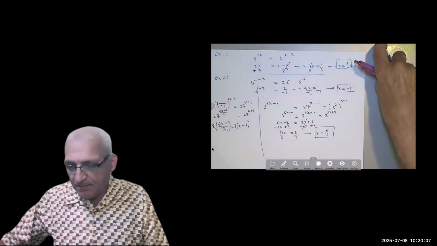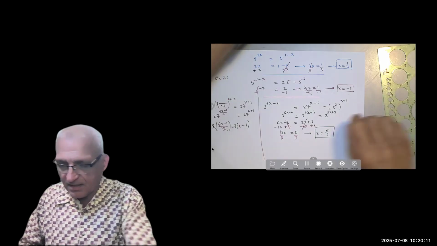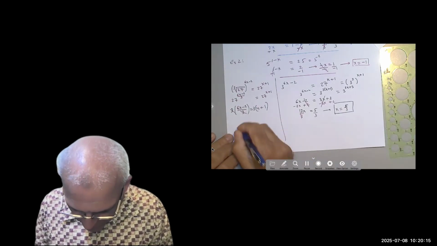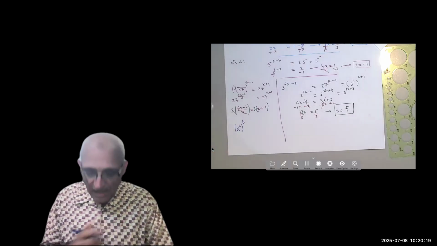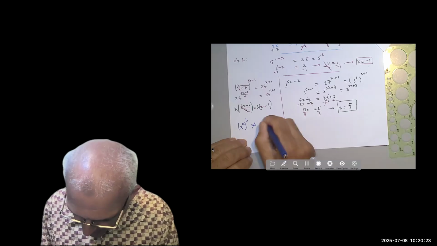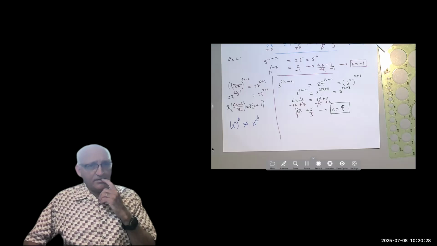Finally, one important thing I have to mention here is that if you get x to the a raised to the power of b, that's completely different from x to the a to the b. What does that mean?